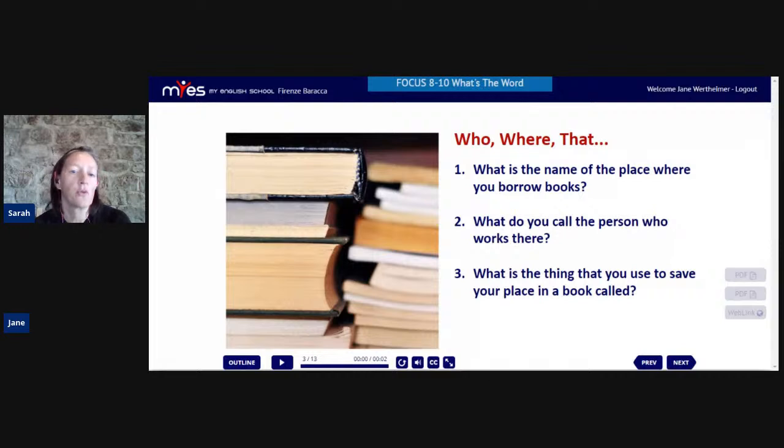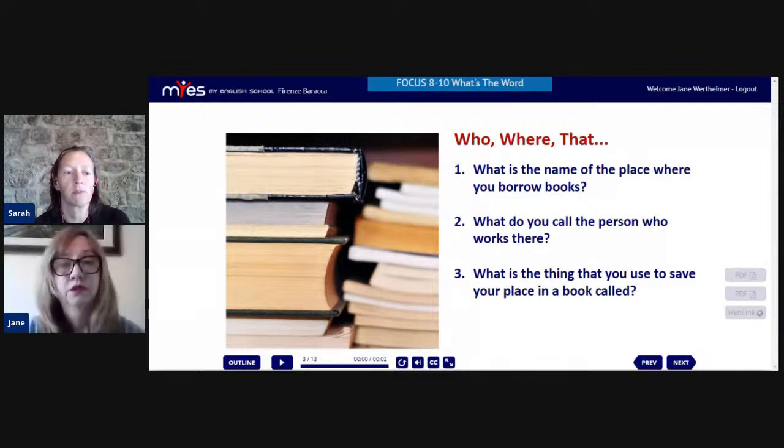So, for example, the place where you borrow books is different from the place where you buy books, because if you buy books, they become yours. If you borrow books, then you don't actually own them, but you take them for a limited amount of time and then you have to return them.